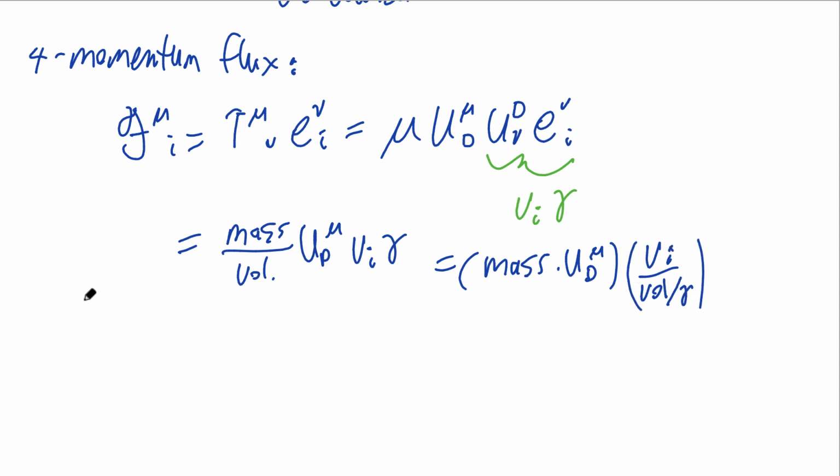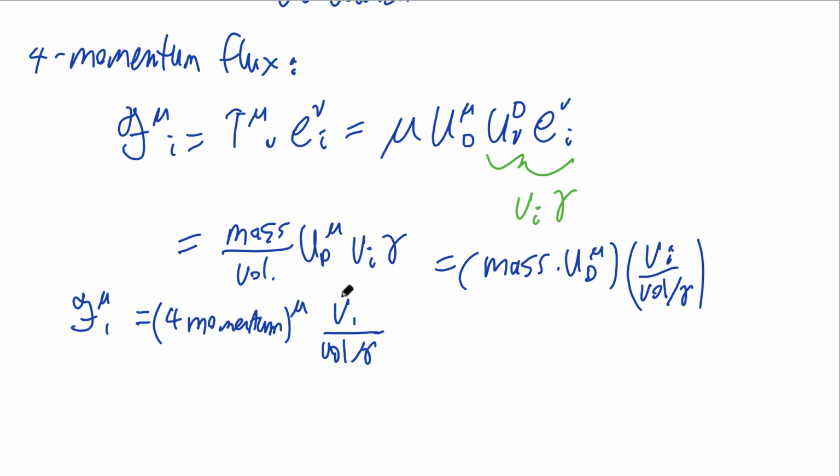So let's take a look at the flux in, say, the e1 direction. So this would be the four momentum, the muth component, times V^1 over the rest volume divided by gamma. That's the volume as seen by O. And V is the velocity of the dust as seen by O.